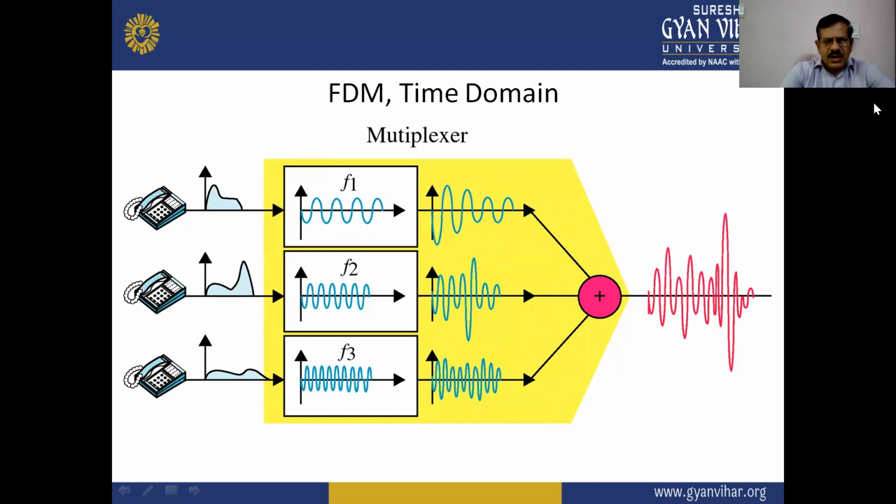These different inputs are multiplexed with the help of the multiplexer and transmitted to a summation, and the output of this summation will be the FDM signal. So this is the time domain FDM technique.